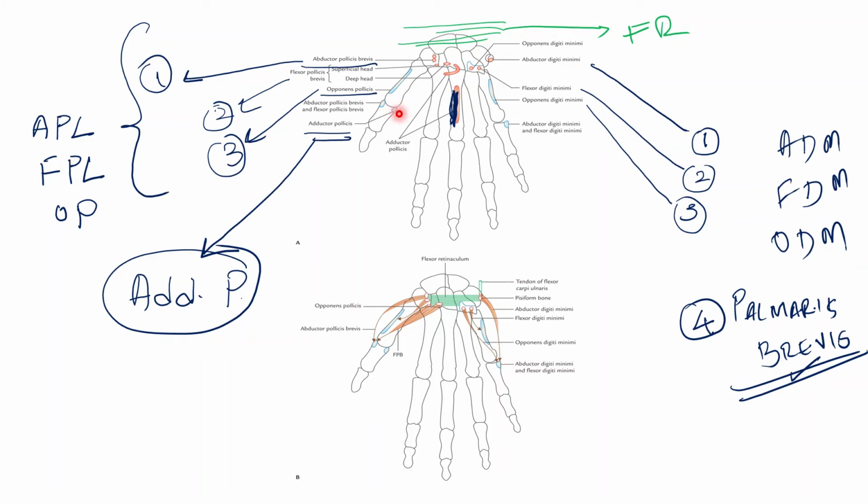So this is about the muscle adductor pollicis. So this is about the three thenar muscles and the adductor pollicis in total.